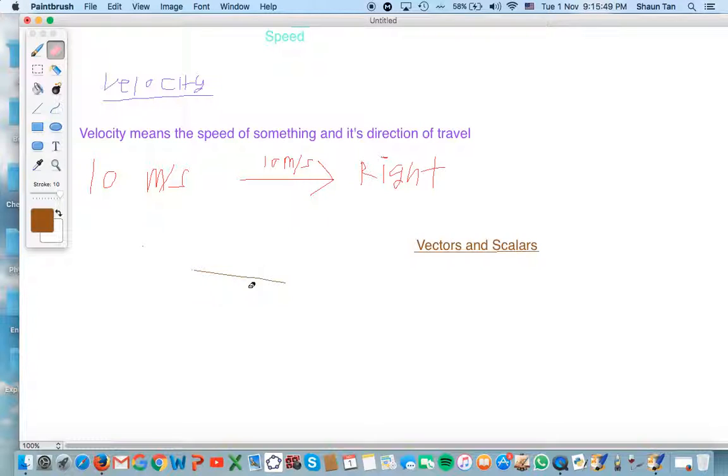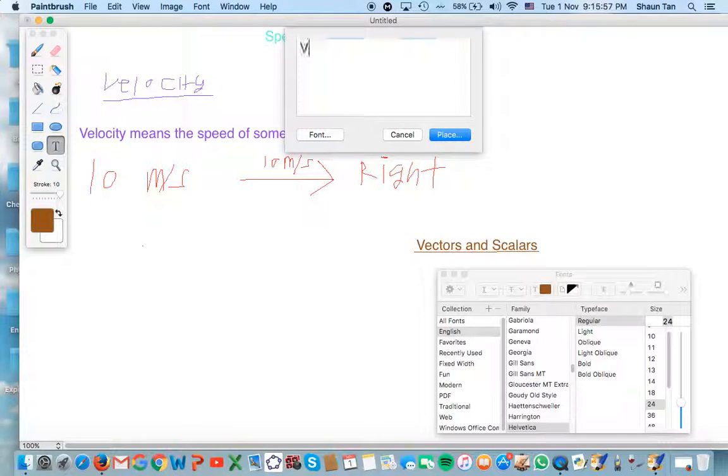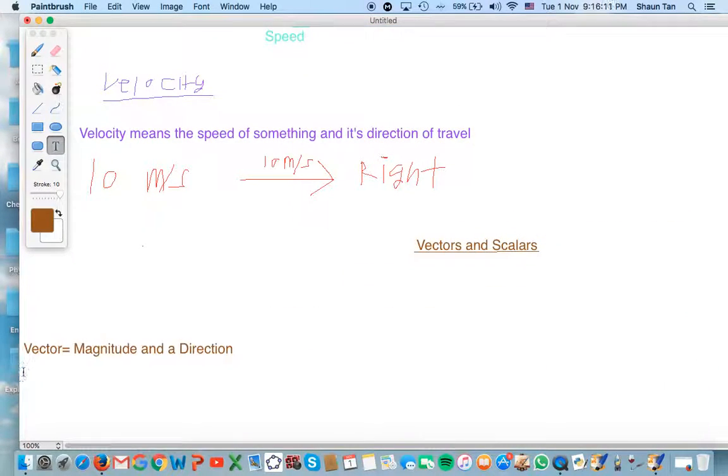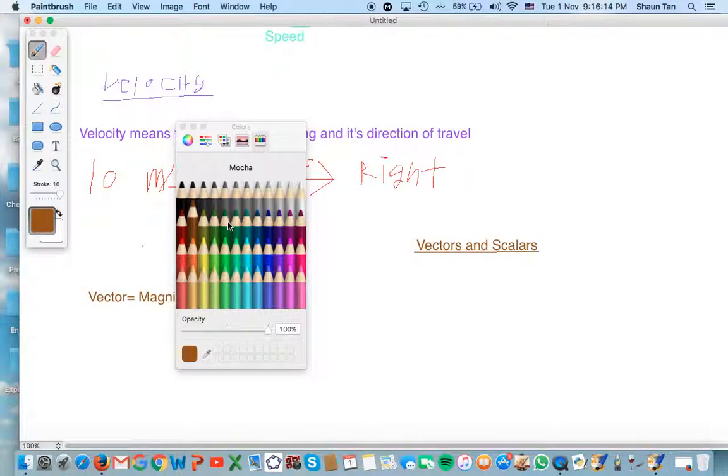A magnitude and a direction. So let me just type it up for you guys. A vector means some magnitude and a direction.